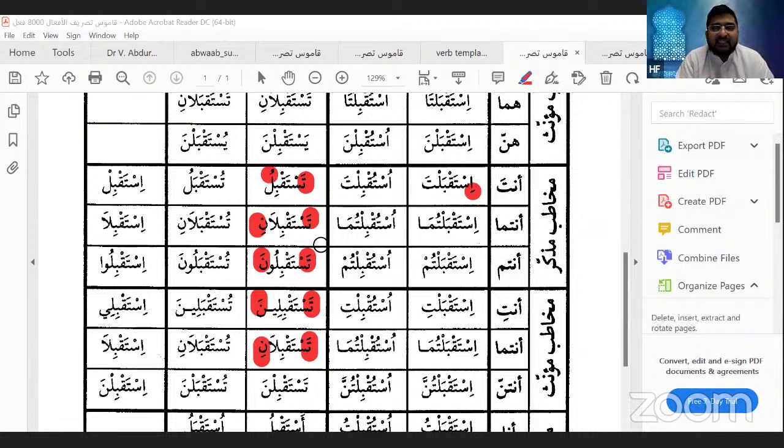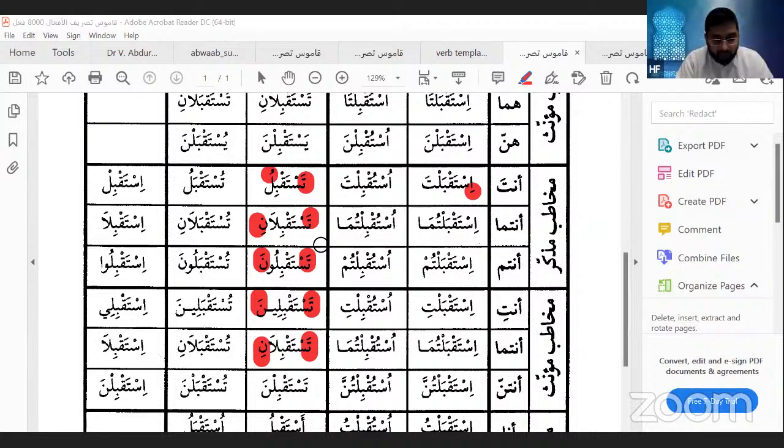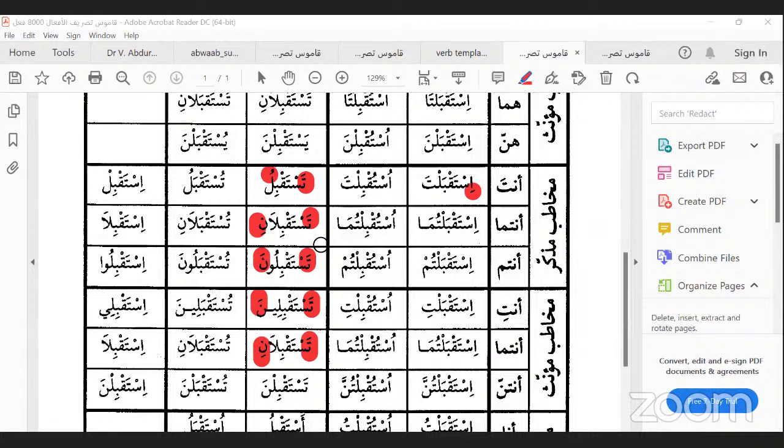Istadhara, istadhara. Alif, Sin, Ta. You know the Dha of Dhuhr. Ha, Ra. So istadhara. The word dhahara means to become visible, apparent, evident, obvious.